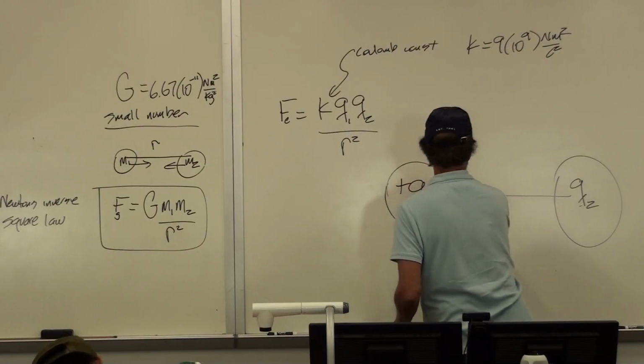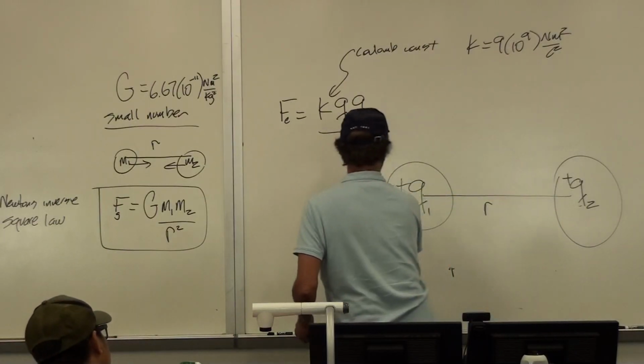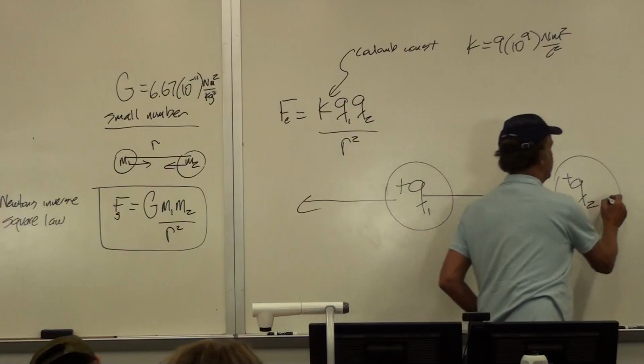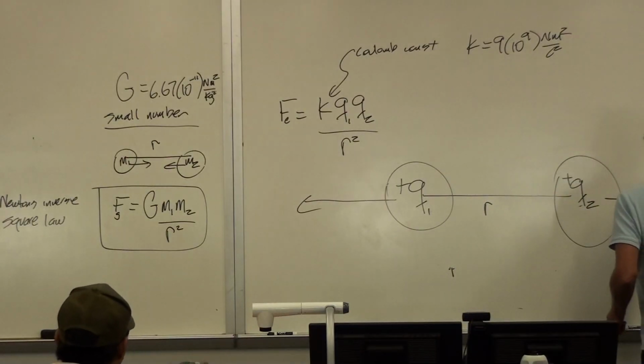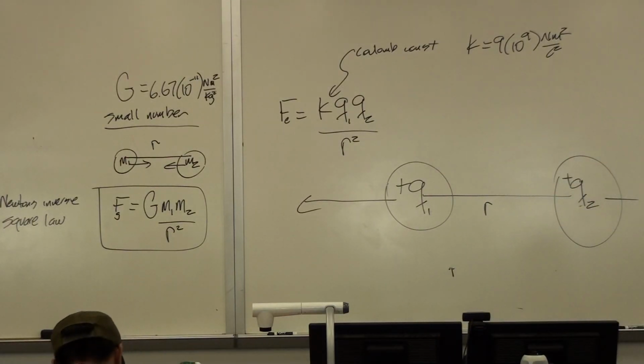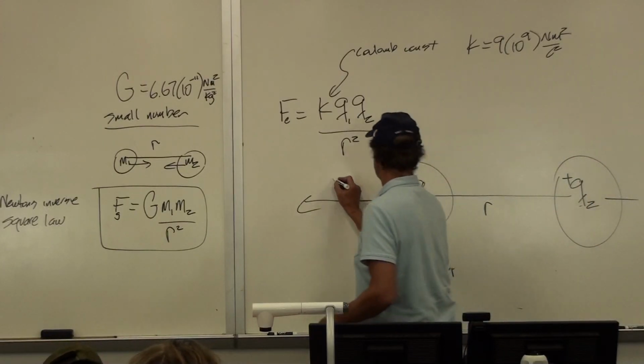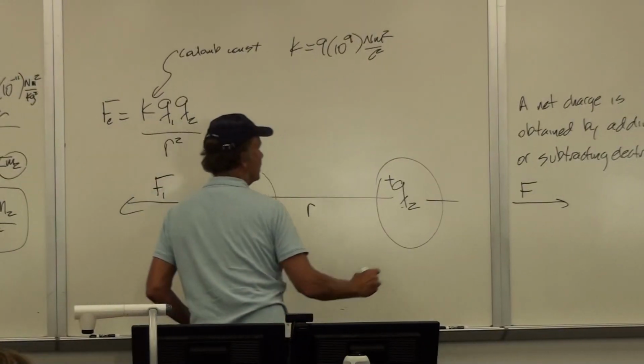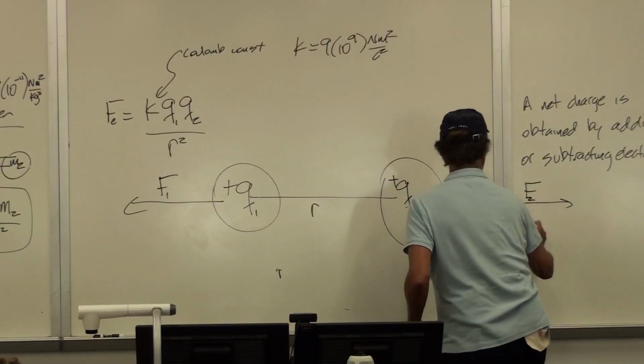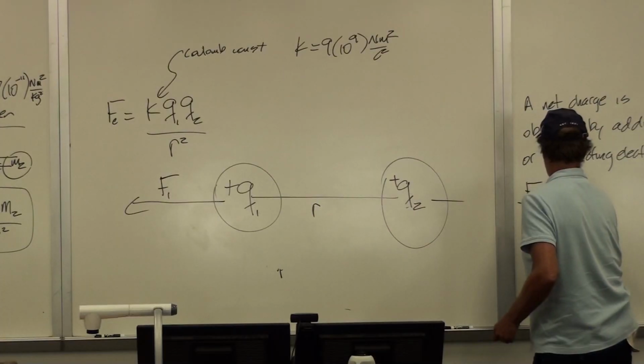Let's say that they're both positive. Then we're going to get forces that are going to be repulsive. But they'll be equal and opposite, because for every action, there's an equal and opposite reaction. So the magnitude of F1 is equal to the magnitude of F2, but they're going to be in opposite directions.